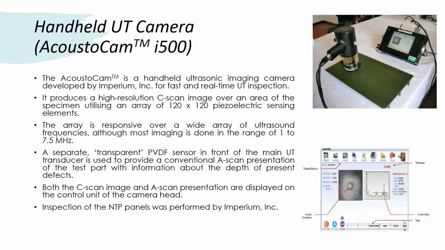A separate transparent PVDF sensor in front of the main UT transducer is used to provide a conventional A-scan presentation of the test part with information about the depth of present defects.